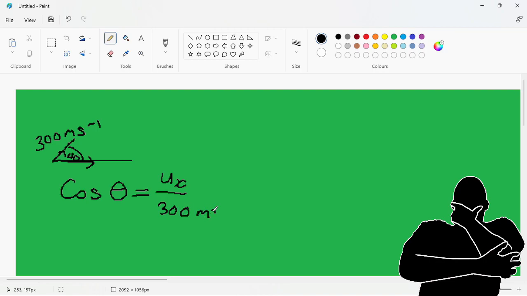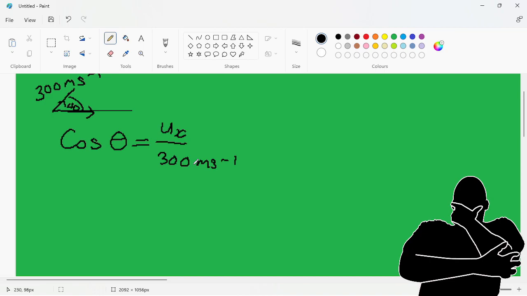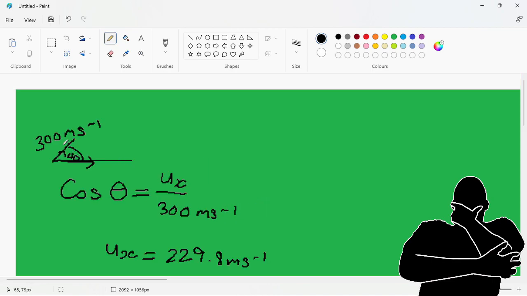So all you have to do to find the initial horizontal component is to multiply cos of the angle by 300 meters per second. When you do that, you should get an answer of 229.8 meters per second. So that's the initial part solved.